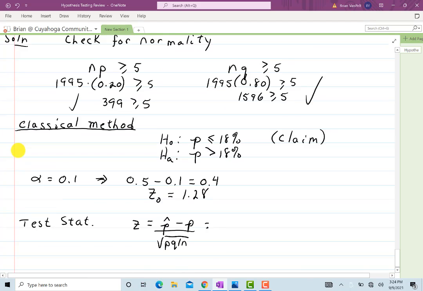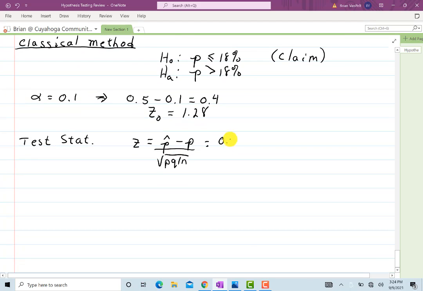Our p hat was 20%, so that's 0.2 minus 0.18 all over the square root of the p, once again, 0.18, 0.18 times 0.82 divided by 1995. And for that, I get approximately 2.325.